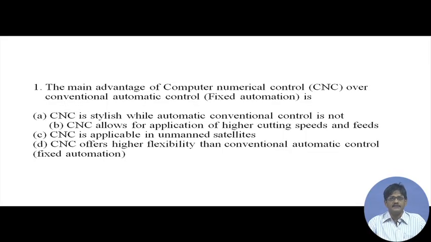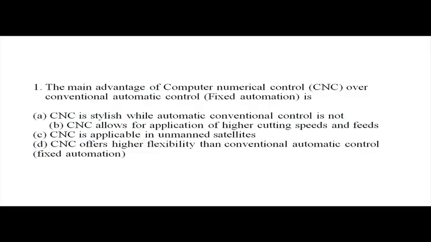So, let us see, CNC is stylish. Okay, CNC might be more stylish in some way, some people might find it more glamorous and stylish than conventional control, but it will in no way matter when, say, product quality is being considered. So, the first option is definitely not correct.